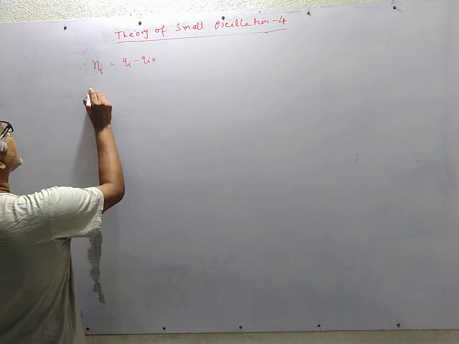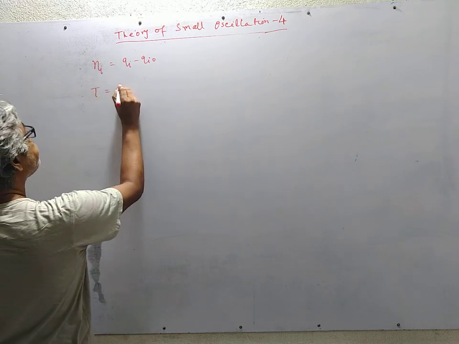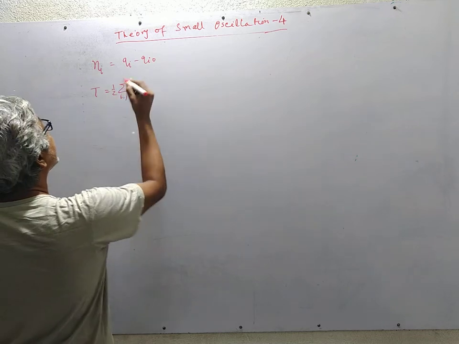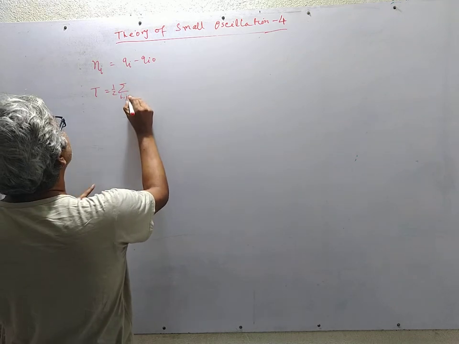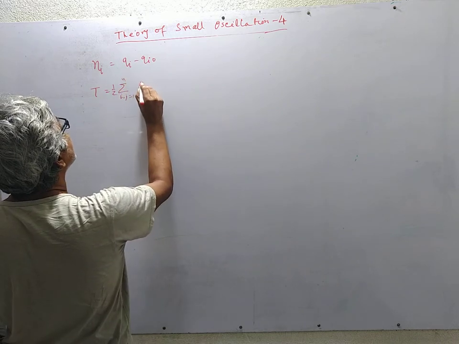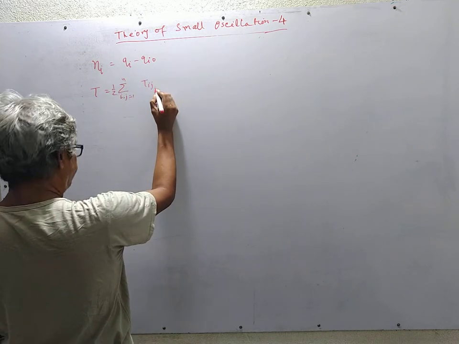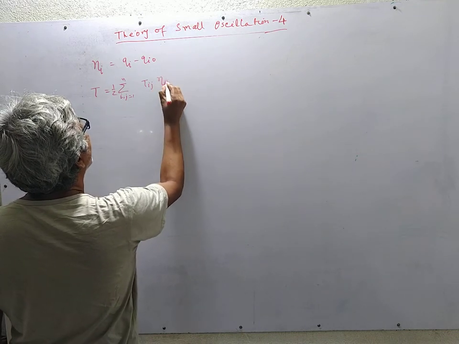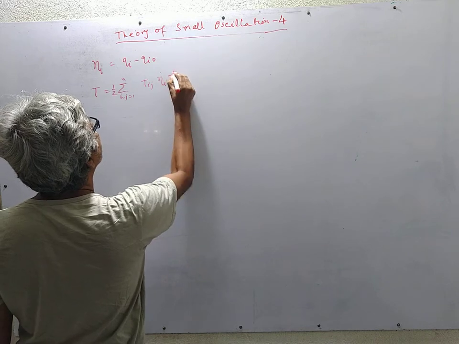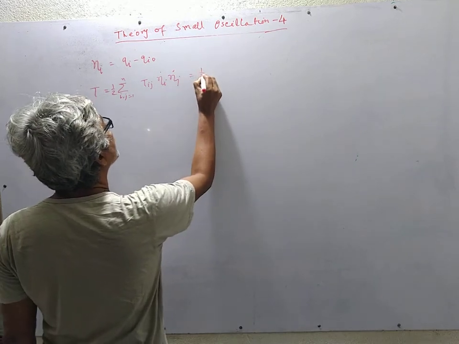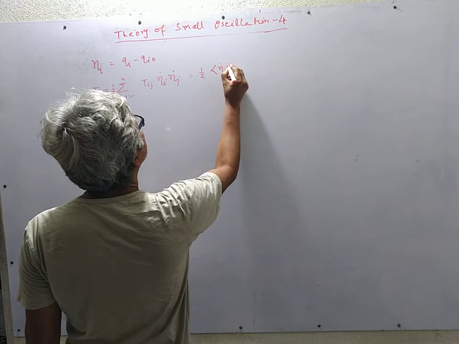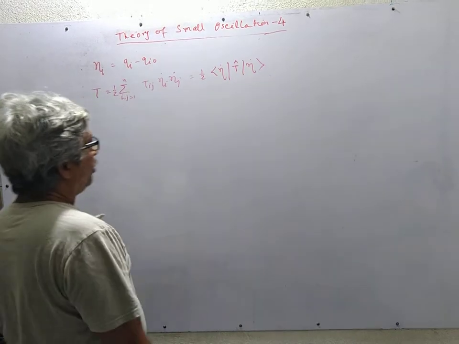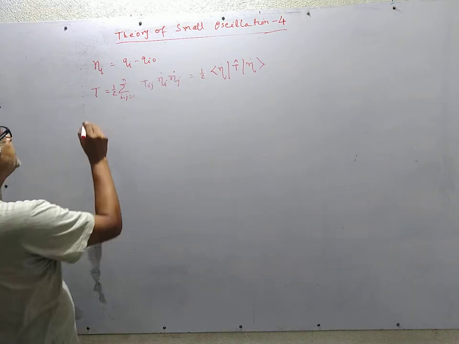Then we wrote the kinetic energy T as a summation over i and j running from 1 to n degrees of freedom, Tij eta i dot eta j dot, and in matrix form we wrote this relation as eta dot, T matrix, eta dot, where T is a Hermitian matrix.